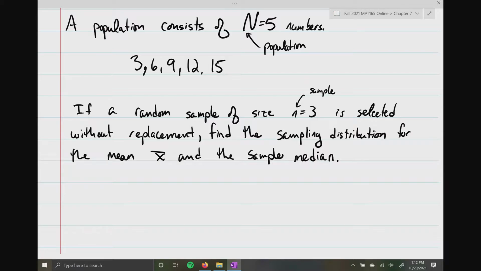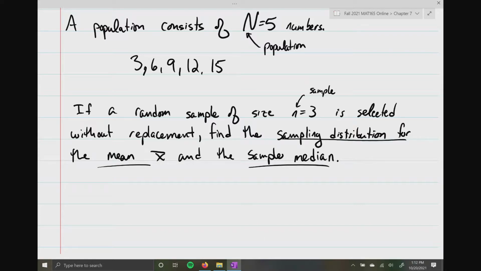Now, what we're going to be doing here is this. We're going to be selecting 3 numbers at random without replacement. Our goal is to find what the sampling distribution for the mean and the median looks like when you select 3 numbers, okay? So first, let's find the population mean and the population median, okay?